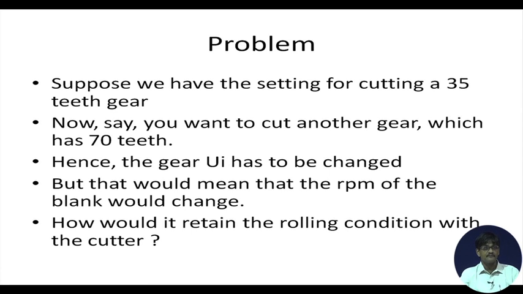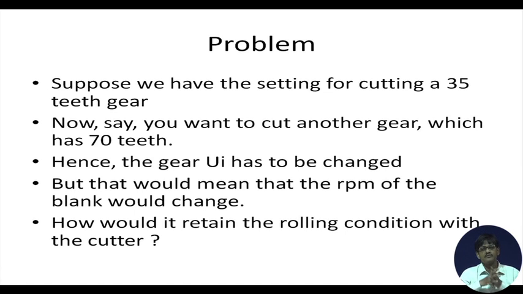No other change. So, this would mean that the RPM of the blank has to be changed. Will the RPM of the cutter become different? There is no need. If we can change the RPM of the blank by a different value of UI, that should serve the purpose. But how would it retain the rolling condition with the cutter?